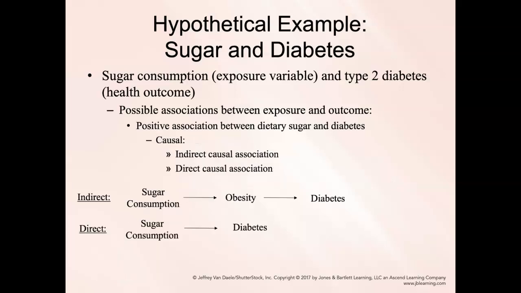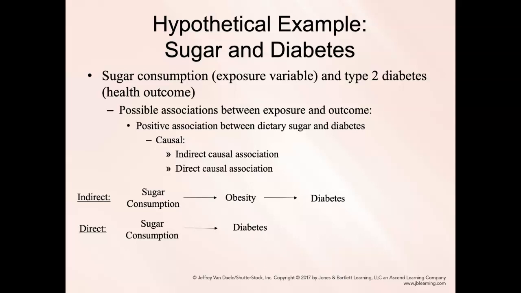It's also possible that if you find a statistical association between your variables, there's a causal association. You can have an indirect causal relationship, where you have your independent variable and then there's some other variable that falls on the pathway between that independent variable and that dependent variable.